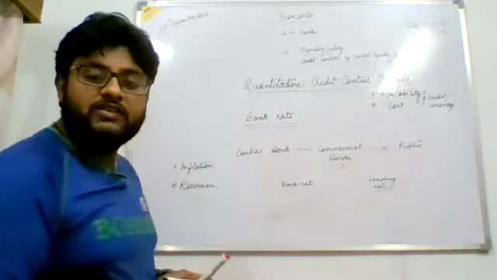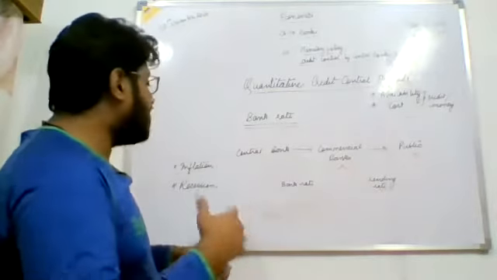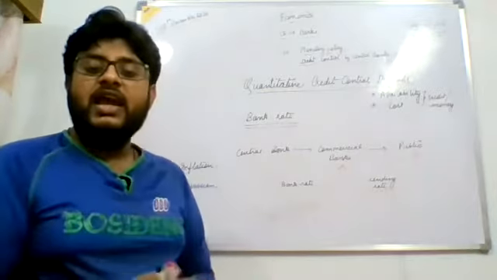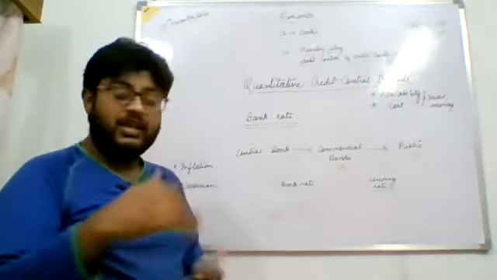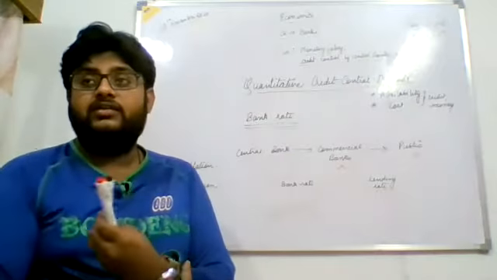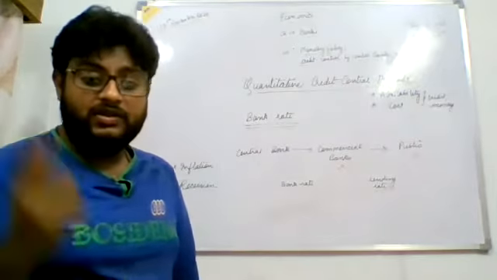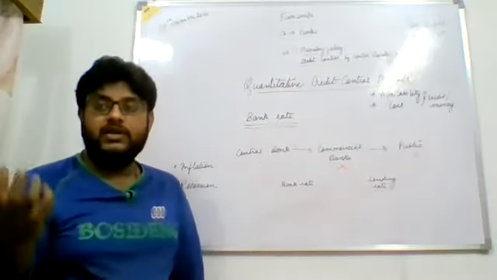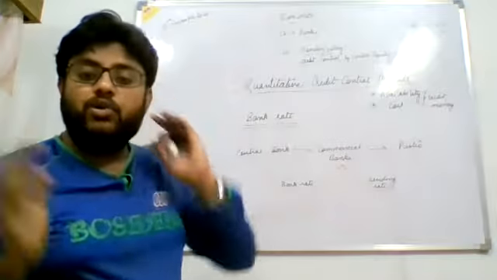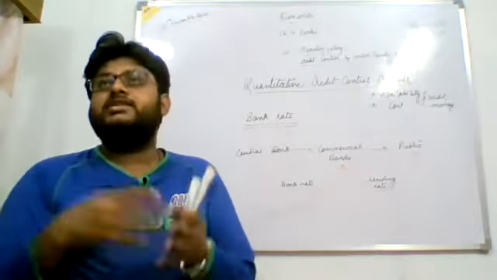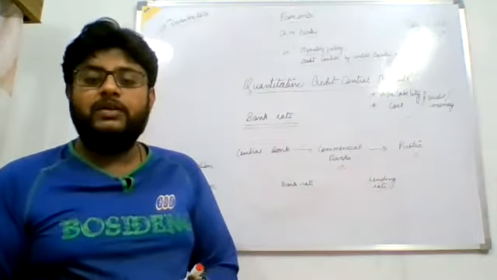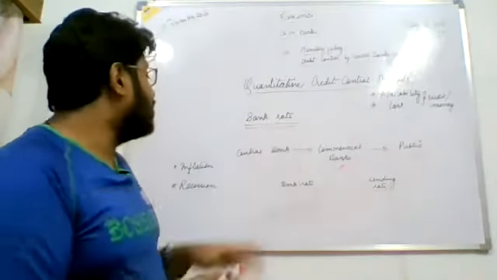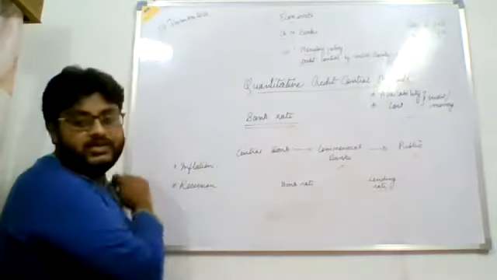Inflation, we all know what inflation is. Inflation is that situation when the prices of the goods and services are increasing, and it happens when there is excess demand in the economy, that we have studied. And recession is that situation when there is unemployment in the economy, there is less aggregate demand in the economy. Okay, so how can this bank rate policy be used to tackle inflation or recession?